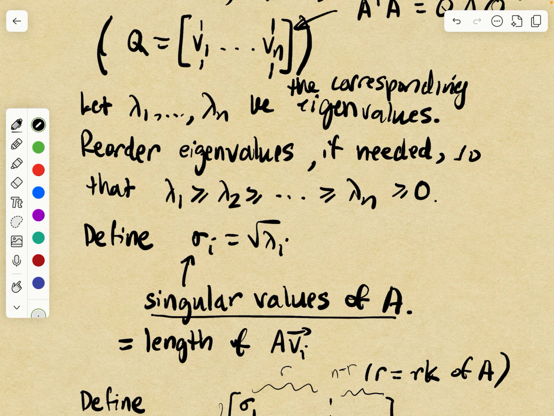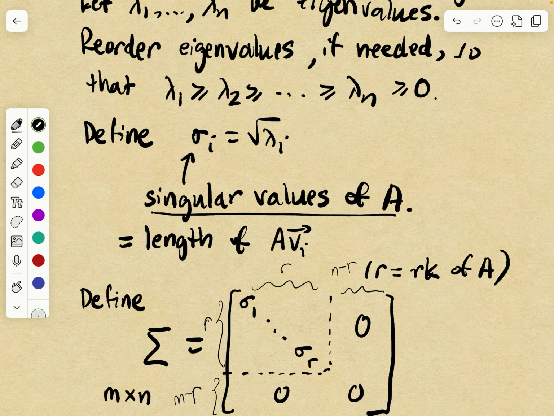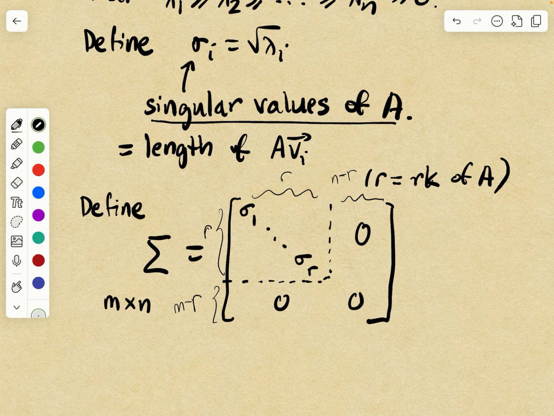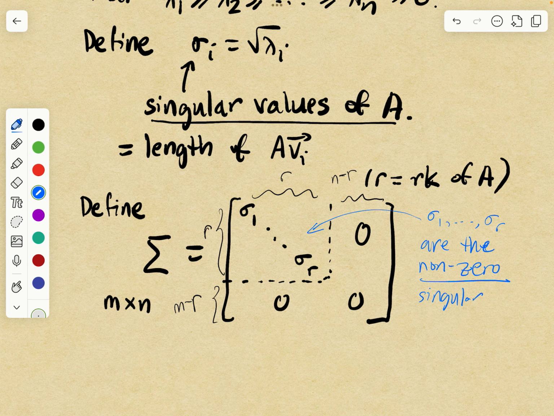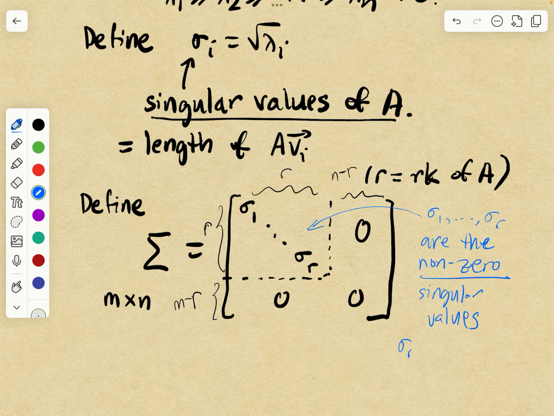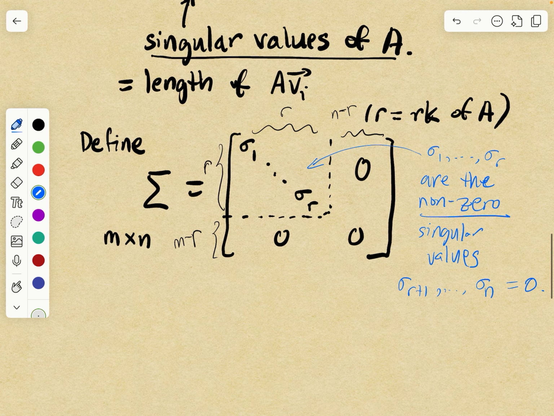So only the first r singular values are actually non-zero. Let's write that down. Sigma 1 through sigma r are the non-zero singular values, and sigma r plus 1 all the way to sigma n are all 0. That's what's going on. I didn't prove that, but let's just take it for granted. So that's the matrix sigma.